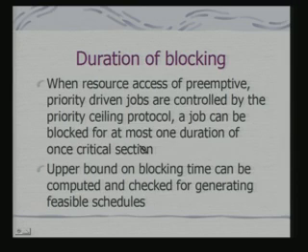And why does the first condition become true? When resource access of preemptive priority driven jobs is controlled by the priority ceiling protocol, a job can be blocked for at most the duration of one critical section. It cannot be blocked for more because the resource is getting allocated to the job which is having the priority ceiling, and it is having other resources as well, and it will not get blocked because of the processor being allocated to another process, because it will inherit the priority of the highest blocked job.